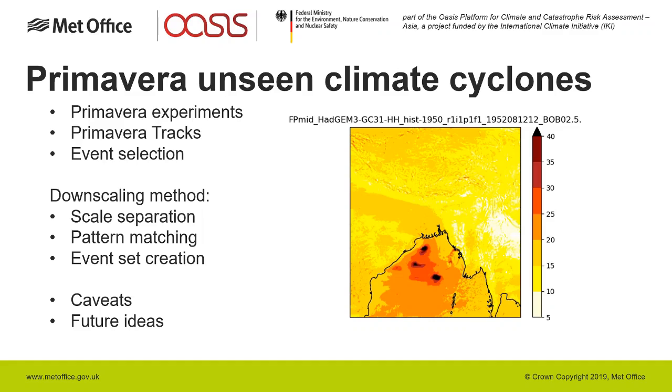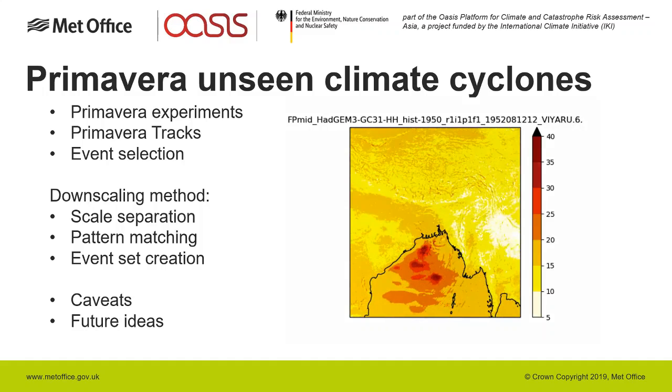We're using climate information from the Primavera experiments. We're using Primavera unseen climate cyclones, where we use the Primavera cyclone tracks, and that's what we use for event selection.